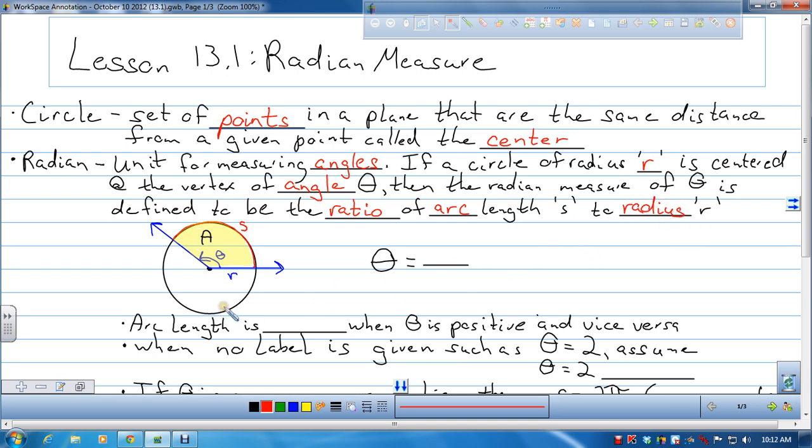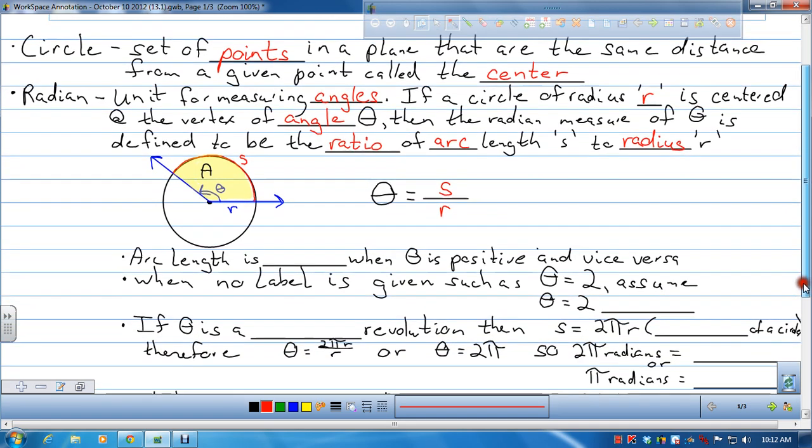So the number of radians of an angle is simply a ratio of the arc length, this arc length right here, as it compares to the radius. So theta in terms of radians will be s over r. Not too complicated.